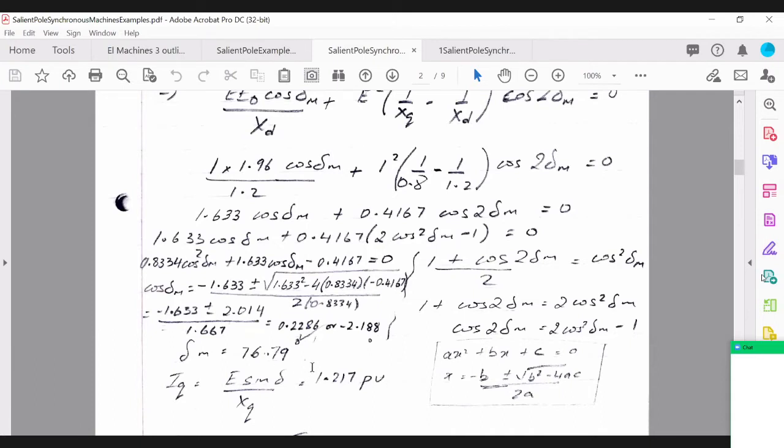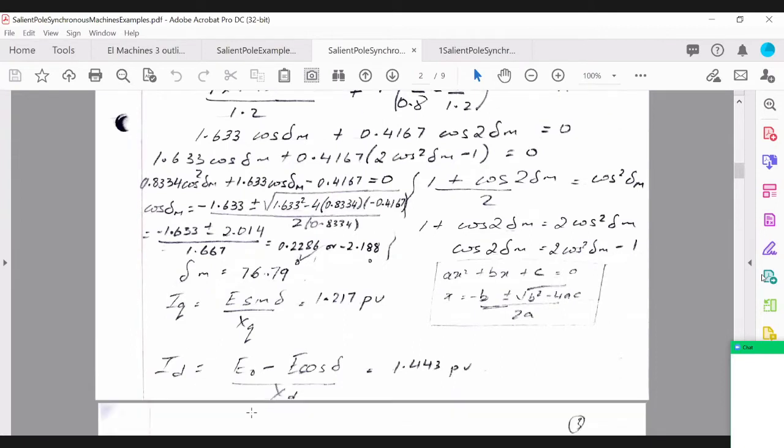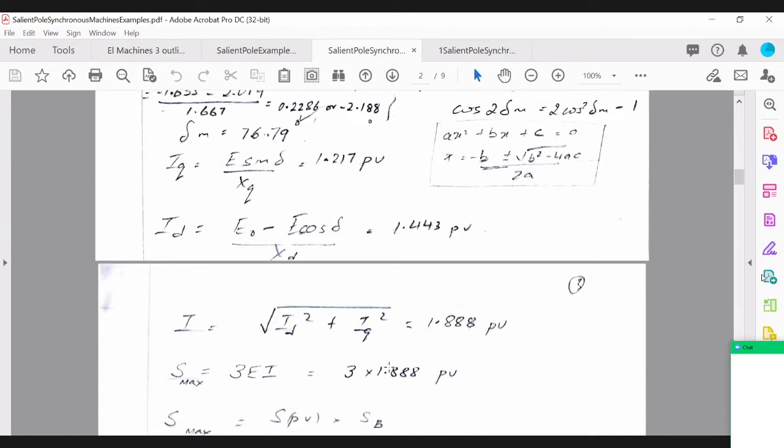Given the value of the maximum angle, we can go about solving for each of the variables that you require. That's IQ, that's ID. Once you've determined IQ and ID, you can work out the resultant magnitude of the current, which is the square root of ID squared plus IQ squared.